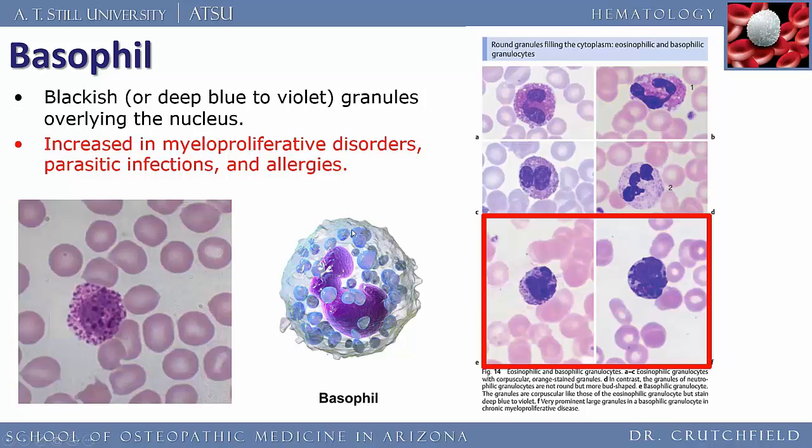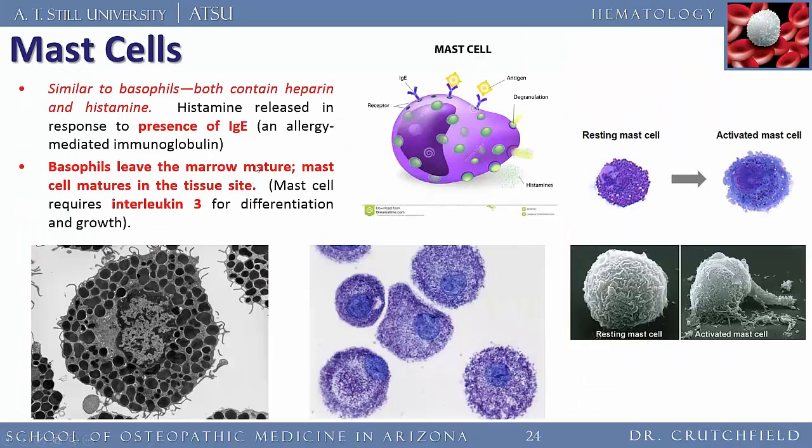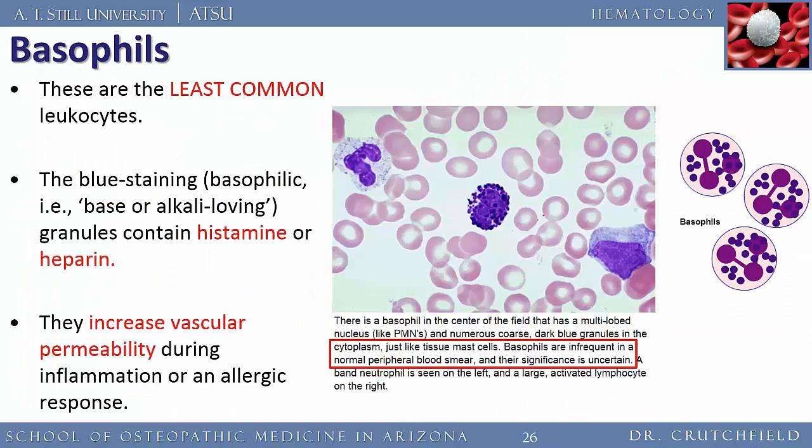Here's a three-dimensional view of a basophil, single nucleus, lots of granules. Remember that the basophil leaves mature, whereas the mast cell has to get a little interleukin-3 for differentiation and growth before it can become activated and go do its karate out in the peripheral circulation.